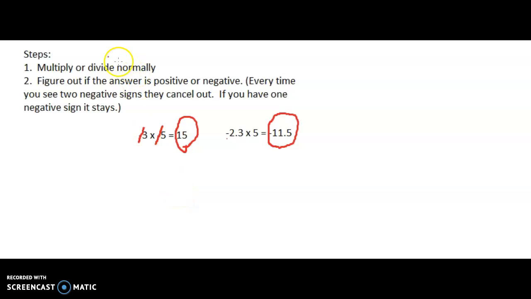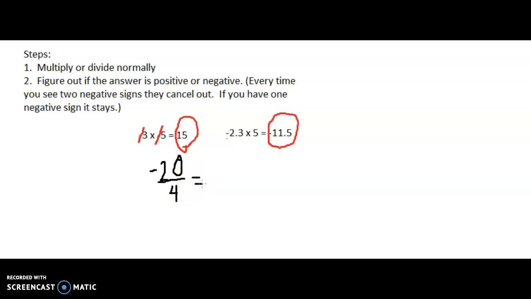Okay, let's do another one here. What if we had fractions? So what if I had -20 over 4. Okay, let's go ahead and solve this.